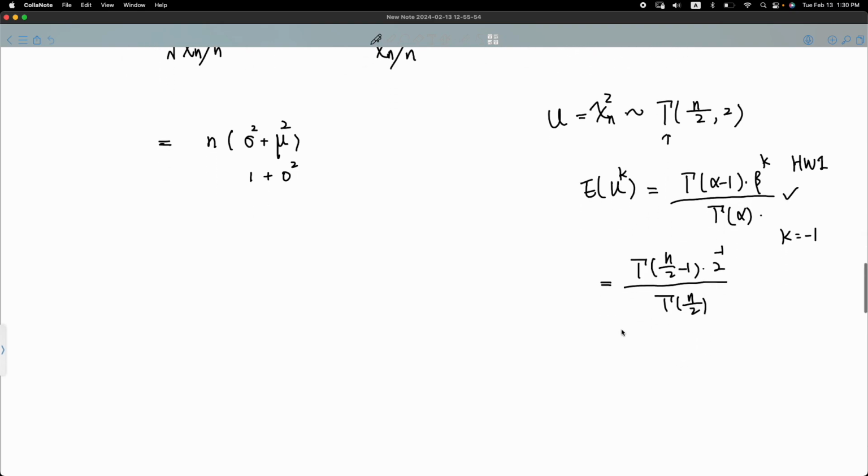Let's further simplify that. It's 1 over 2, and then the gamma function of n over 2 minus 1.